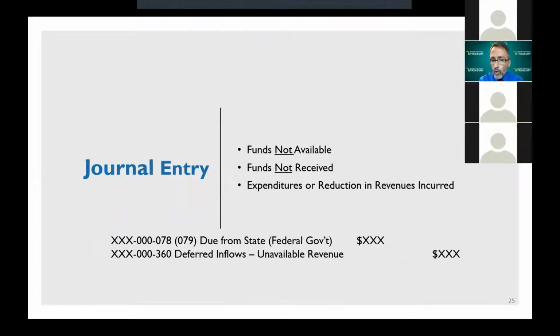So then you book the receivable from the state or federal government, and then you book a deferred inflow, unavailable revenue, because it's really revenue, but it's not available to you. Available meaning within the 60 days. So let's say you got it 90 days from the day of your fiscal year end, then you would book it to unavailable revenue. And then in the subsequent year, you could book that revenue.